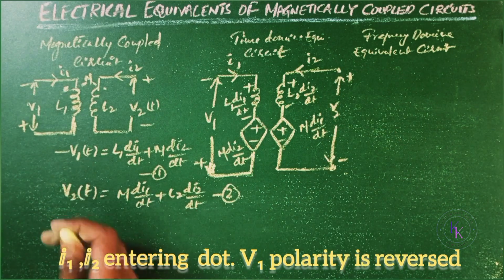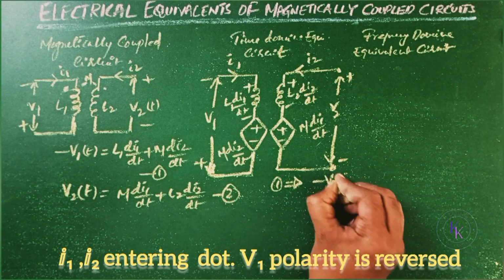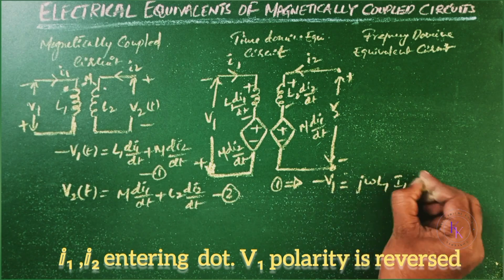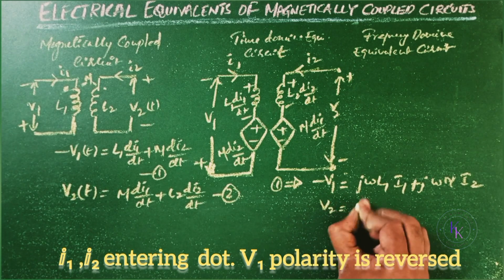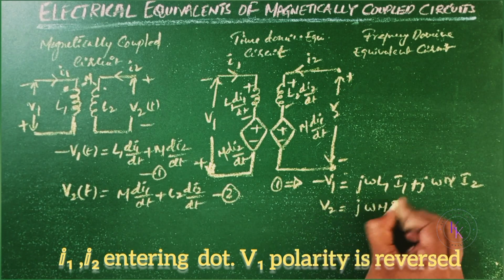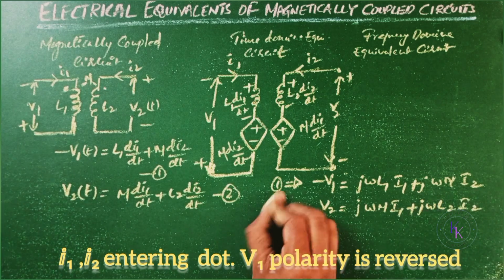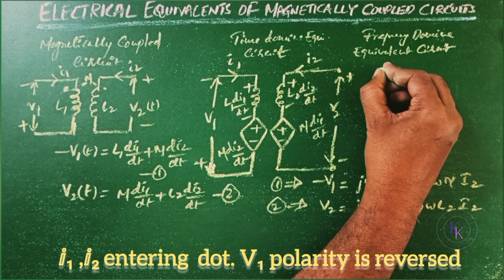Writing these equations in the frequency domain, the first equation will be minus V1 equals j omega L1 I1 plus j omega M I2. Then V2 equals j omega M I1 plus j omega L2 I2 for equation number 2. Now let us draw the frequency domain equivalent circuit for this.